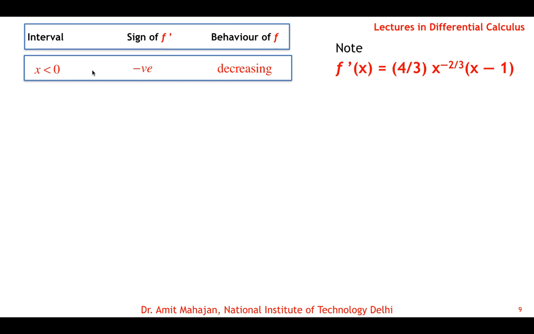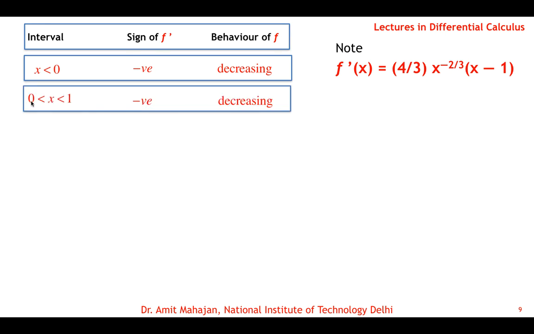Then the second interval is 0 to 1, so you choose any value between 0 and 1. If I choose any x between 0 and 1, this difference will be negative, and this will be a positive number, so the product is again negative. So we will get a negative sign of f dash, and if it is negative, then the function is decreasing in this interval also.